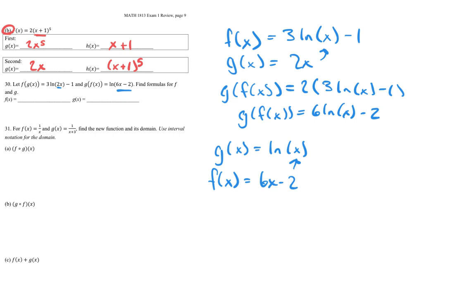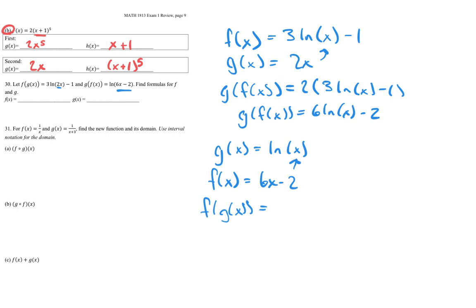So then we'd have to check the other answer, f of g of x. So f of g of x, we're taking this ln x and plugging it in for f.